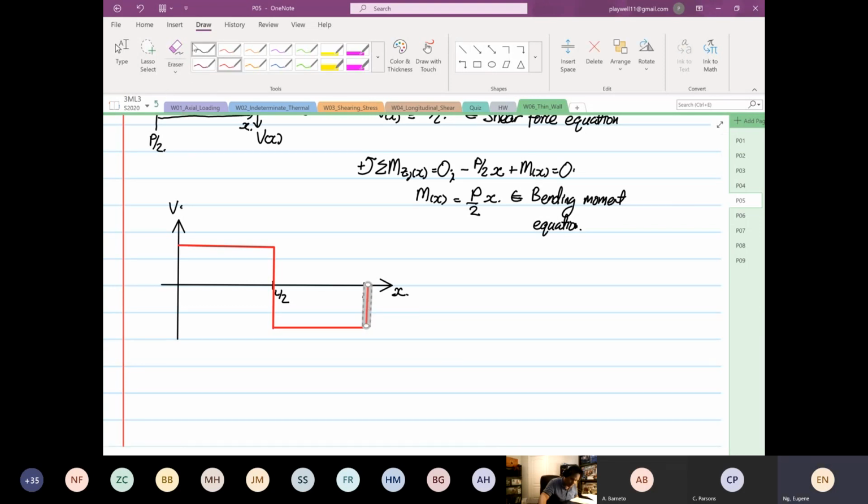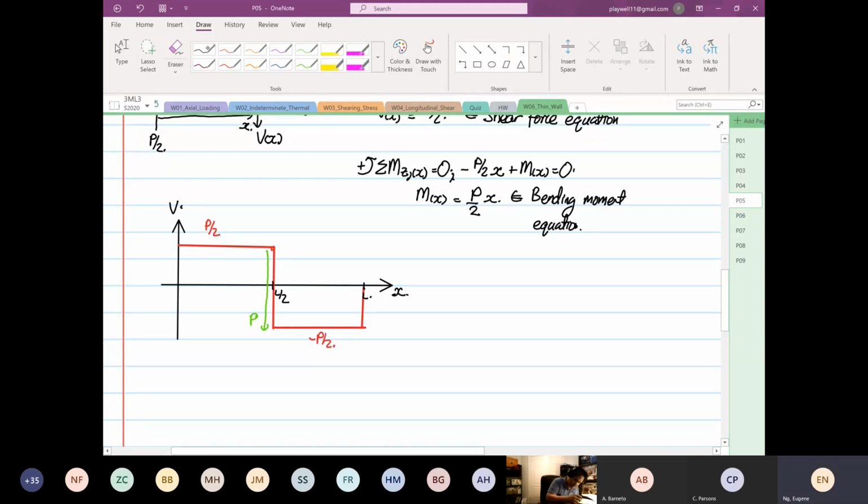So what you see down here is known as your shear force diagram. I hope I can draw it better, but I can't. This is P over 2. When it reaches over here, it pushes itself down by P. So the bottom part is minus P over 2.